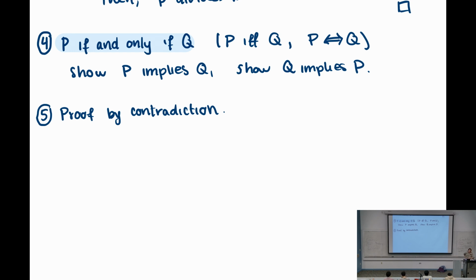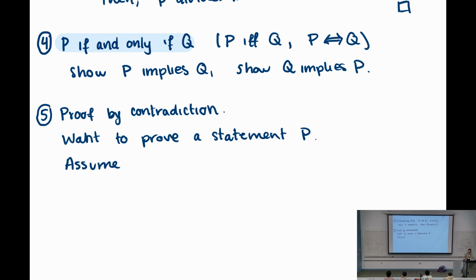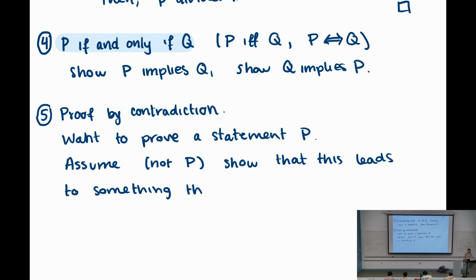Say we want to prove any statement P. The way this proof method works is to assume the statement not P, so assume that the negation of P is true, and then show that this leads to something that is clearly false or nonsensical. And this is called the contradiction.